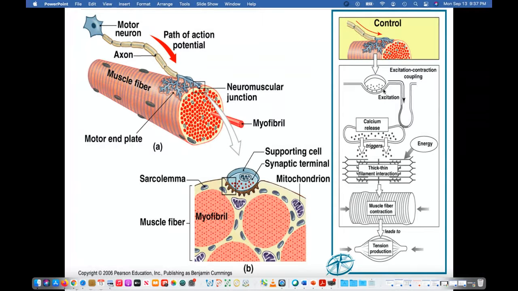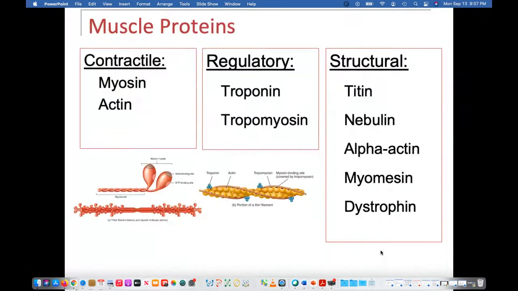The sodium channel opens, sodium rushes in, creating this excitation down the T-tubule, this depolarization. It butts up against the sarcoplasmic reticulum, releases calcium. Calcium is somehow going to make the sarcomere contract. In another video, I'll go into the magic that happens here. And then we have a muscle contraction, which I said really just means muscle tension, okay?